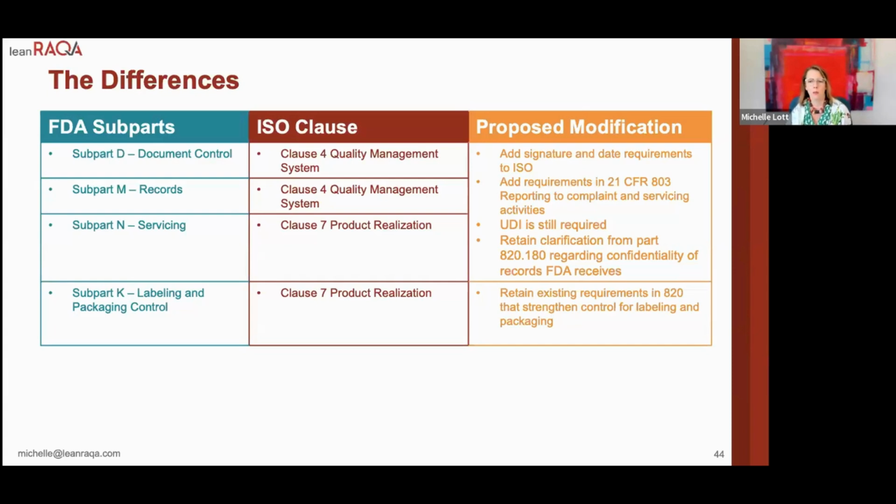They still are going to require the UDI, so you still have to maintain that system. And then they retain clarification language from Part 108 regarding the confidentiality of the records the FDA receives. And then they are going to retain their existing requirements from 820 around label control and packaging.